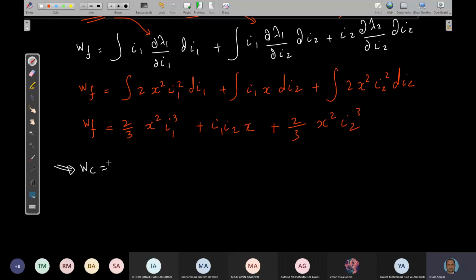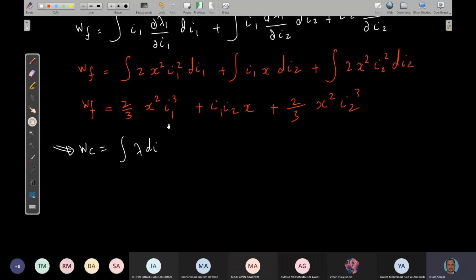Now omega c is equal to what? I lambda minus omega f. The integration of lambda di, correct? Omega c is the integration of lambda di.